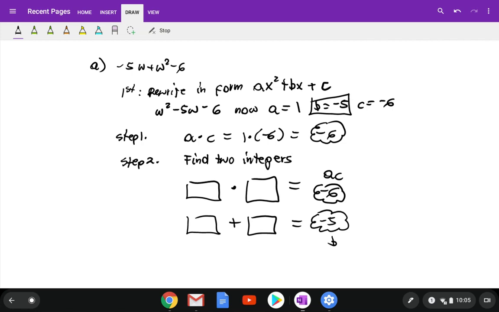Again, this is playing and checking what's going to work. Negative 6 and 1 will work. Negative 6 times 1 is equal to negative 6, and negative 6 plus 1 gives you negative 5.